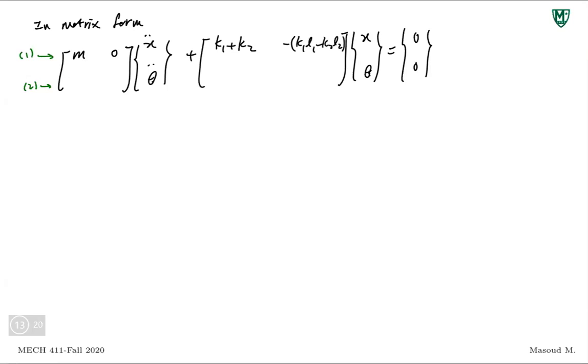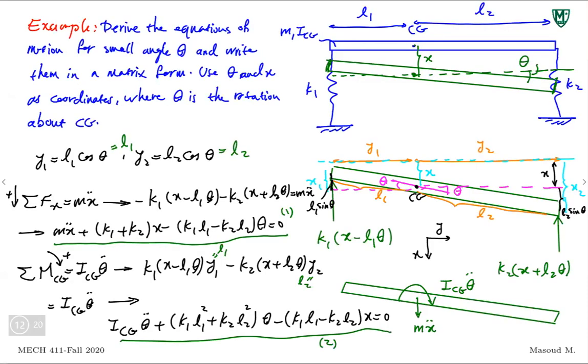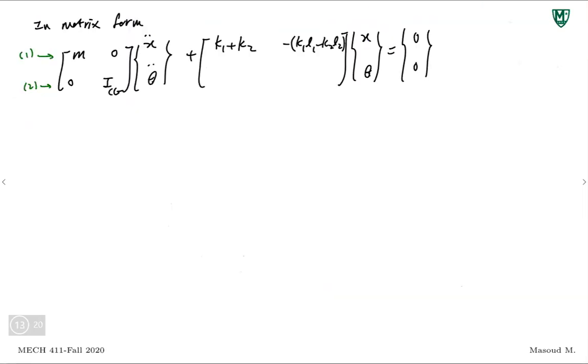That would be the component then. For equation 2, nothing for this, and this one is I_CG.